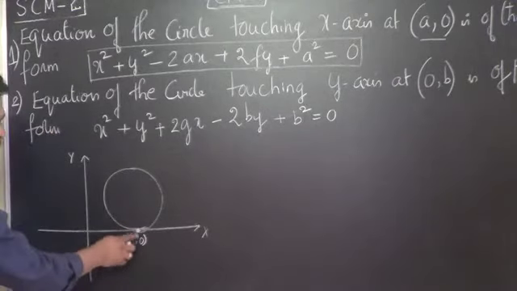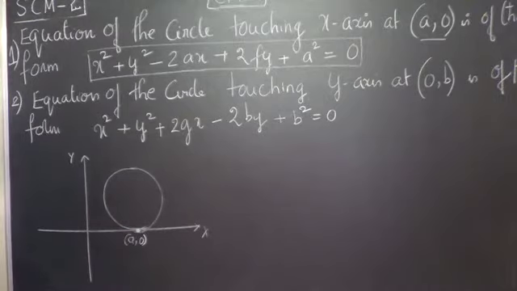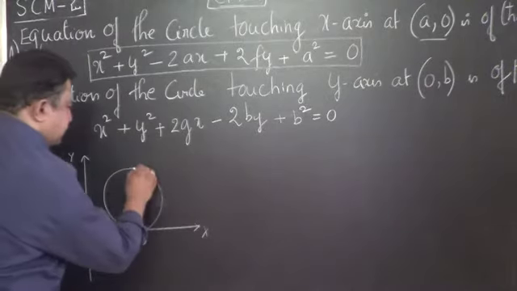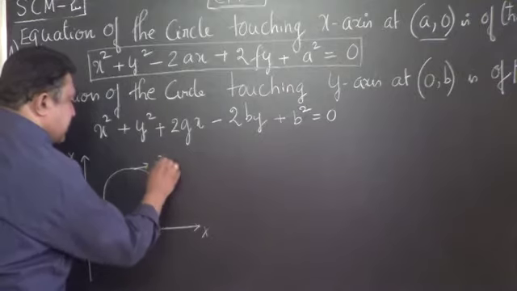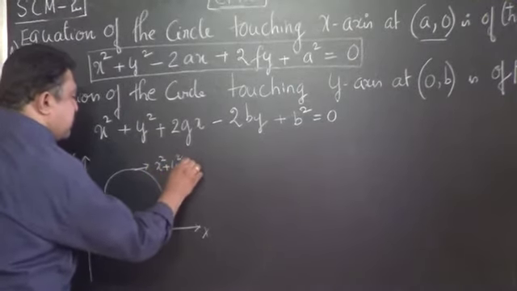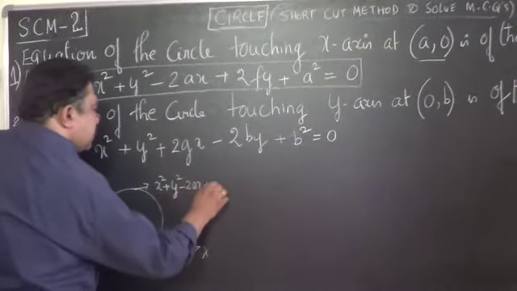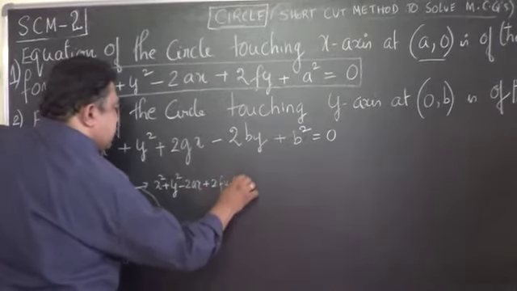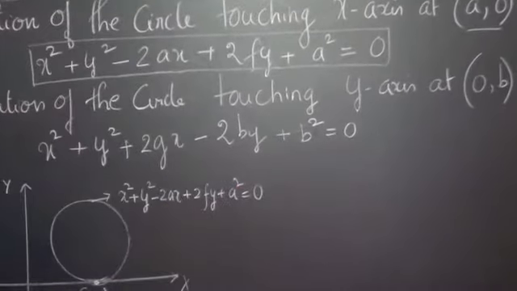In fact, a comma 0 is a point on the circle. Then the equation of such a circle is given as x square plus y square minus 2ax plus 2fy plus a square is equal to 0.